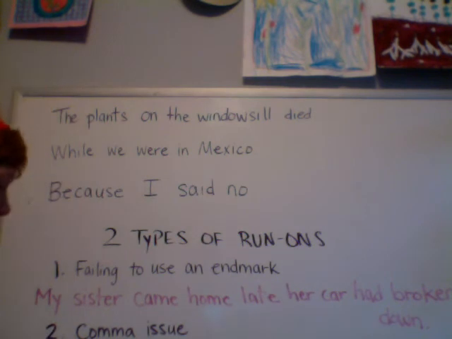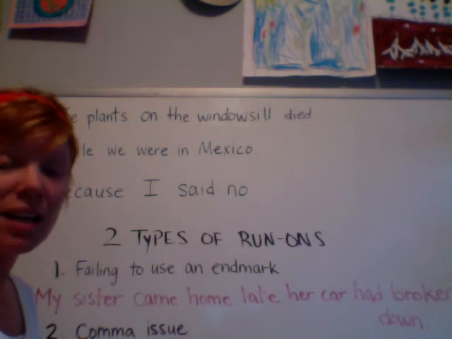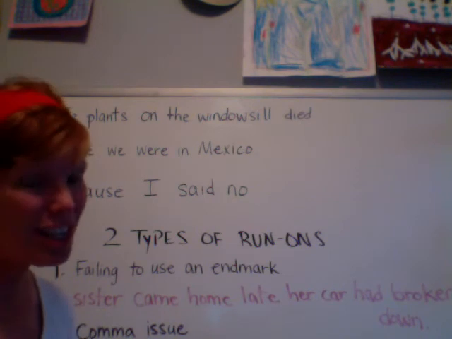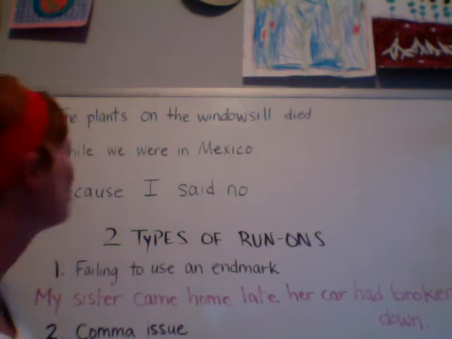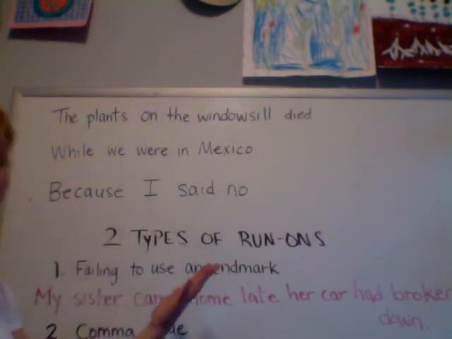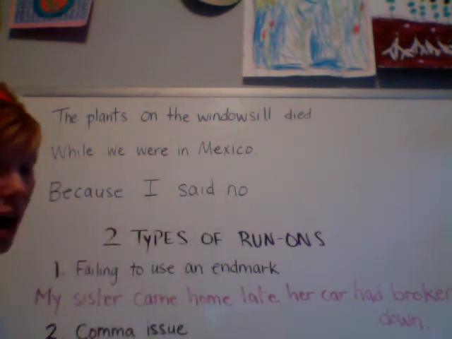The next one, while we were in Mexico, right? This is not a complete thought. Although it may be how you might answer a question, that does not make it a complete sentence. So while we were in Mexico, what happened, right?